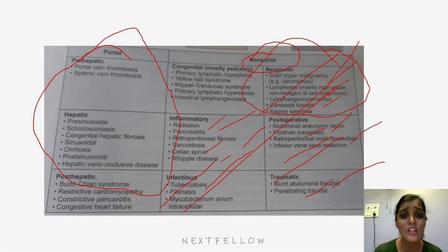Now congenital causes, especially seen in the pediatric population, are primary lymphatic hypoplasia, yellow nail syndrome, Klippel-Trenaunay syndrome, primary lymphatic hyperplasia, or intestinal lymphangiectasia. So these are the causes. This chart is very important, which is not given in many of the books. That is the non-portal causes of portal hypertension.